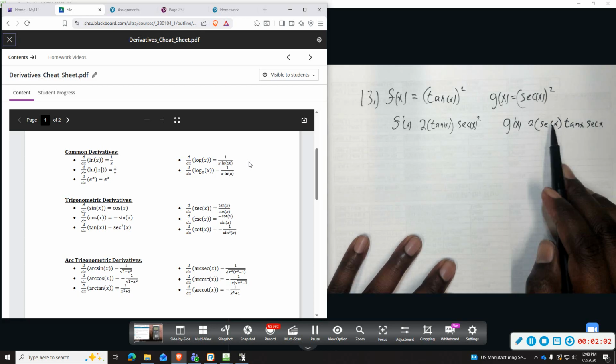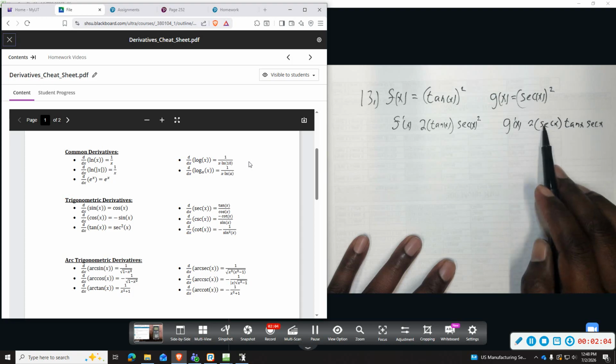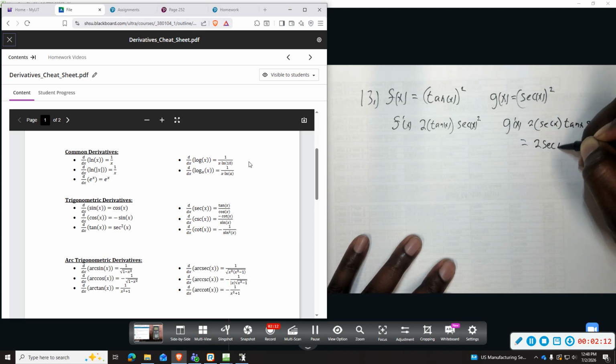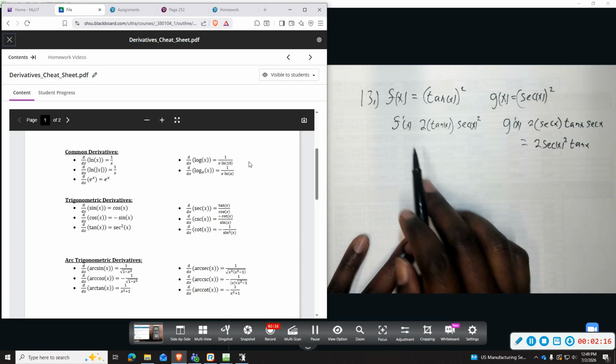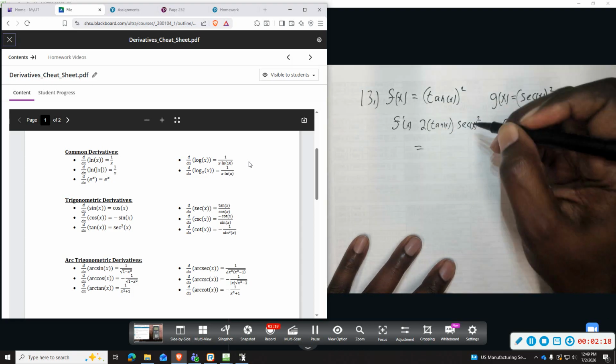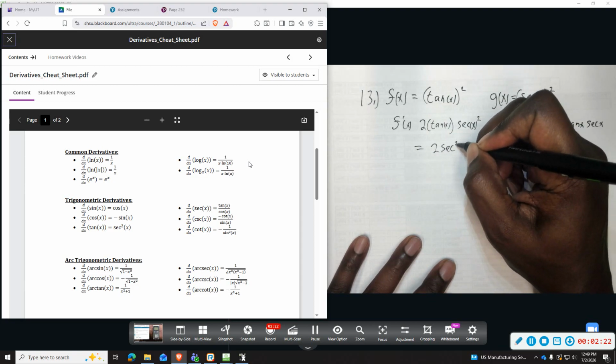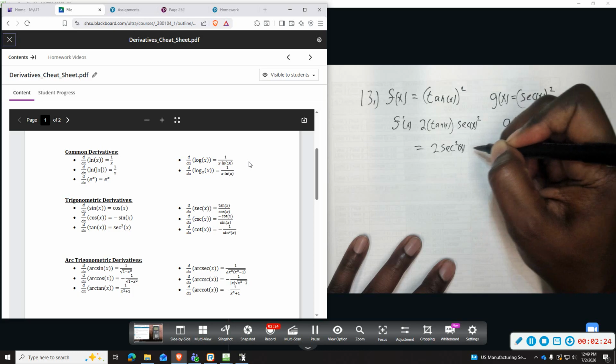Alright, when we simplify this, we can get secant times secant, which will give us secant squared, and so we can just say that this is equal to 2 secant x squared tan x, and basically this is the same thing. To pull the secant up front, secant squared x tan x.